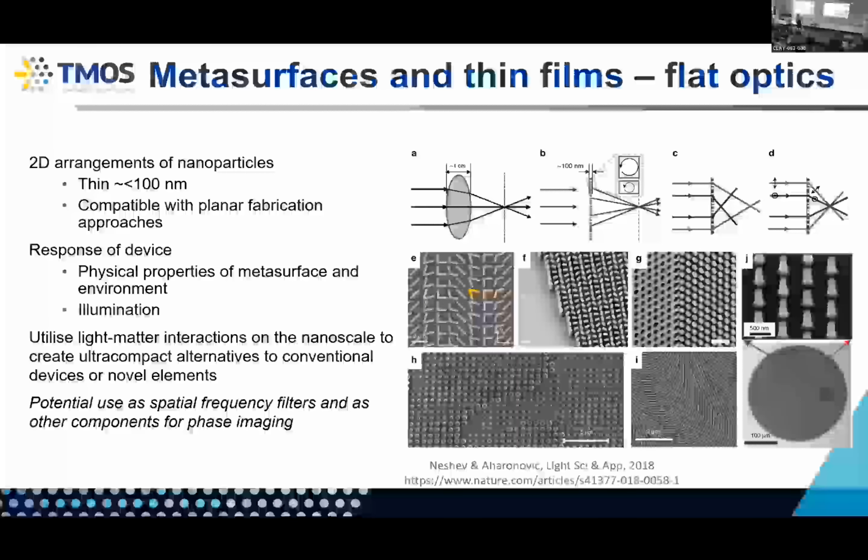And in particular, what I'm talking about here is using them to manipulate the spatial frequency content of an optical field directly, and also for other elements that could be used for determining the phase or visualizing information about the phase of some sort of object through which light has passed.